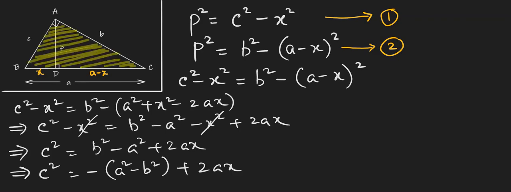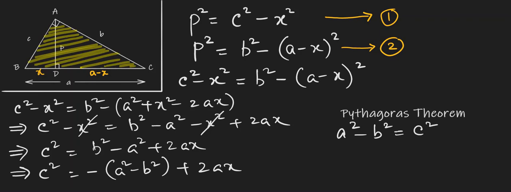But note that in the right angled triangle ABC, angle BAC is 90 degrees. So according to Pythagoras theorem, A square minus B square is equal to C square. Substitute the value of A square minus B square for C square right there.